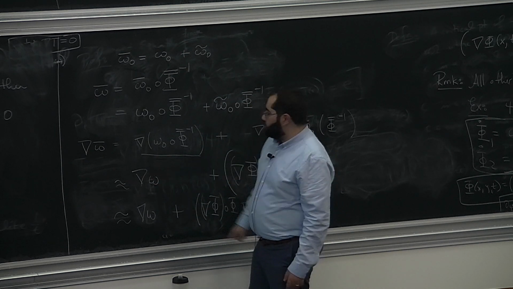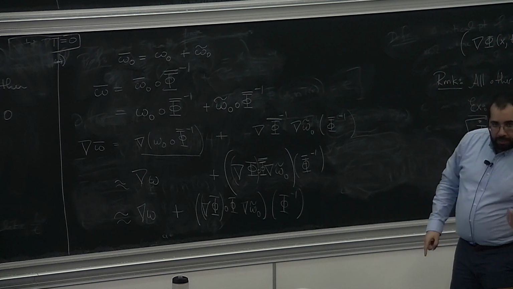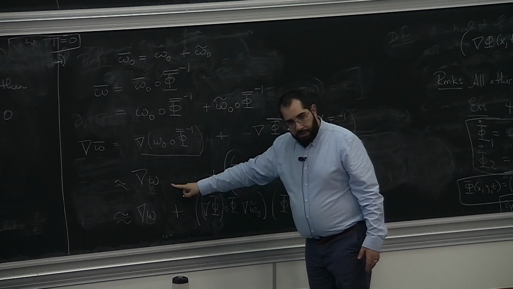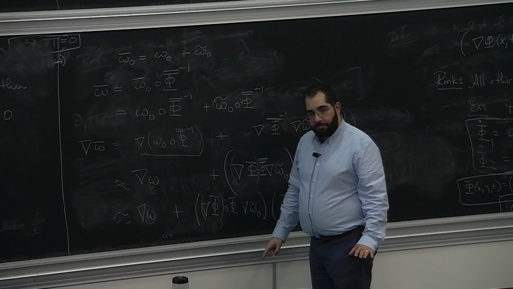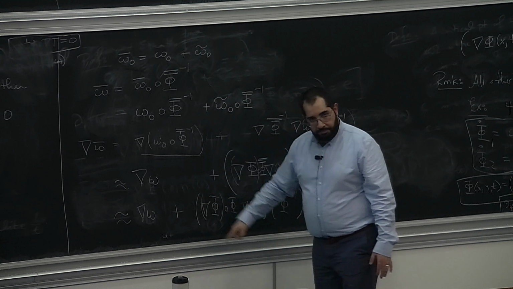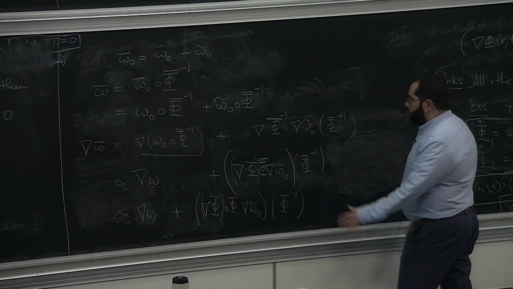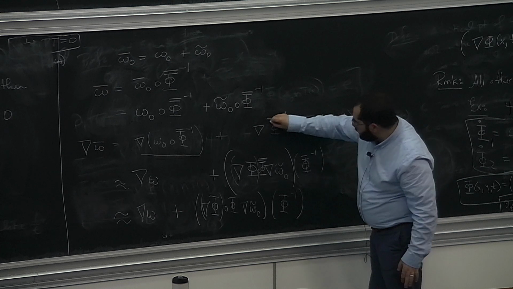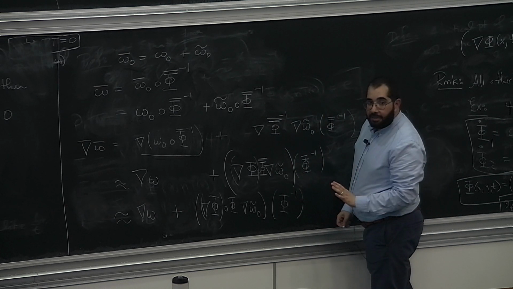Where approximately means when delta goes to 0, independent of epsilon and capital T, this really converges to that, in C1, so in L infinity here. So this to this is fine. What about this one? This one is exact. I haven't done anything yet.